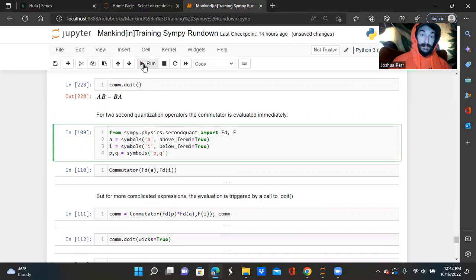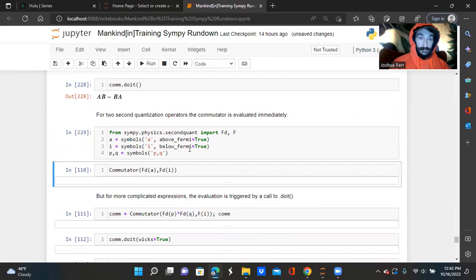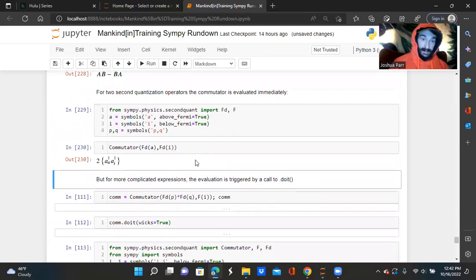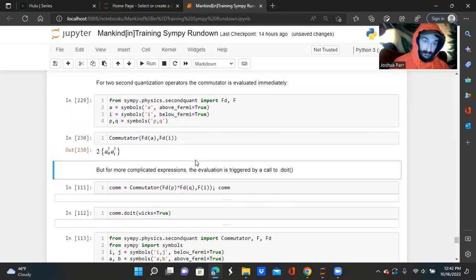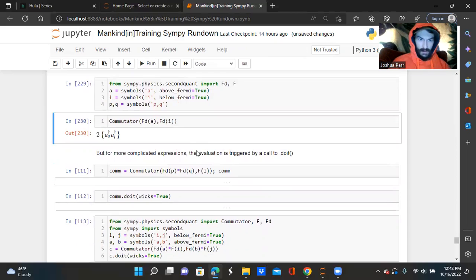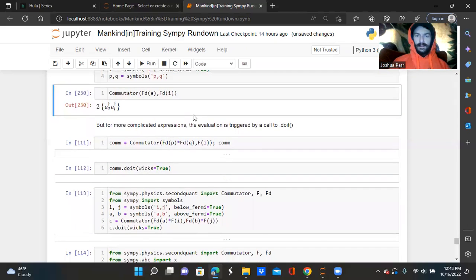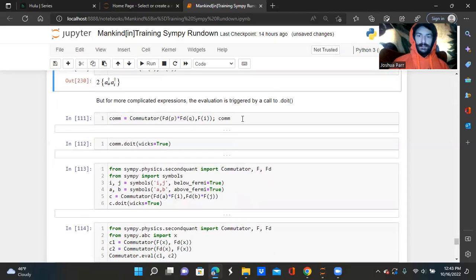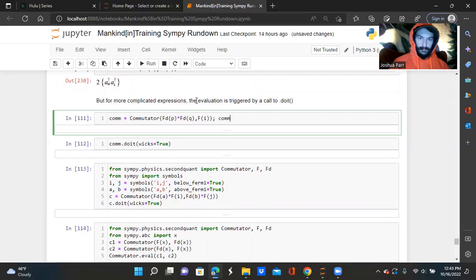So I'm giving it a P and Q now. And I want to commutate F dagger A and F I. And I get A A dagger to A I dagger. But for more complicated expressions, the evaluation is triggered by the doit call.